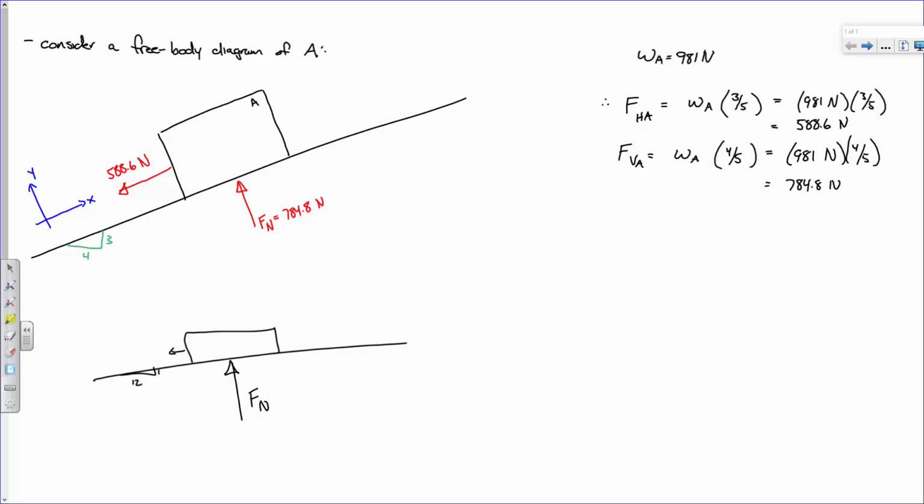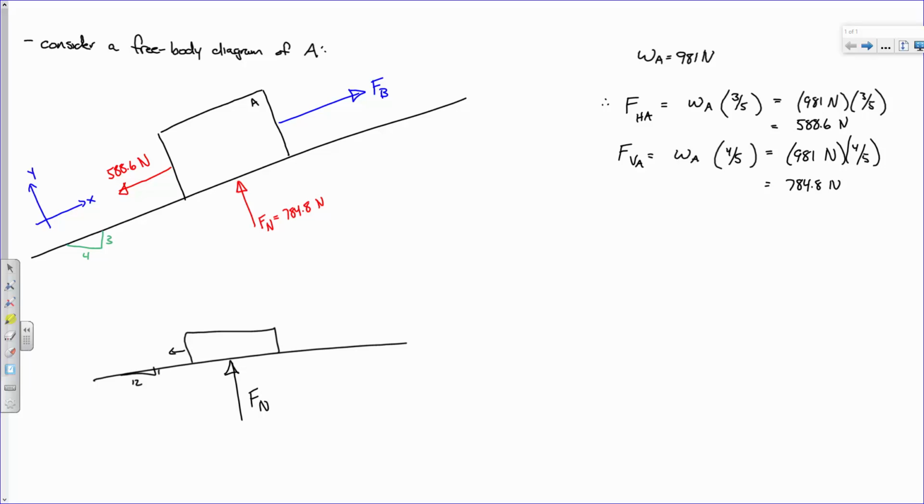Now, that's not all that's going on. What's also going on is I have a rope pulling this thing up, right? That's what's going on with this problem. There was a ramp, there's a block, and then there's another block pulling it up.